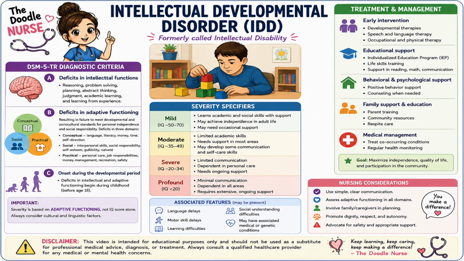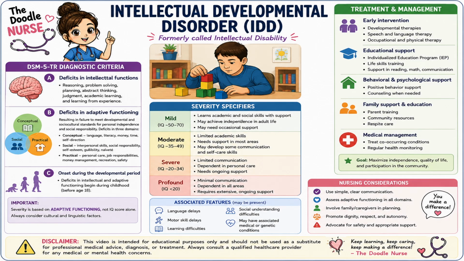As we move to the treatment and management section, it's important to understand that there is no cure for IDD. Instead, treatment focuses on maximizing independence, improving quality of life, and helping individuals reach their fullest potential. Early intervention is one of the most important treatment strategies, and research consistently shows that early developmental therapies improve long term outcomes.